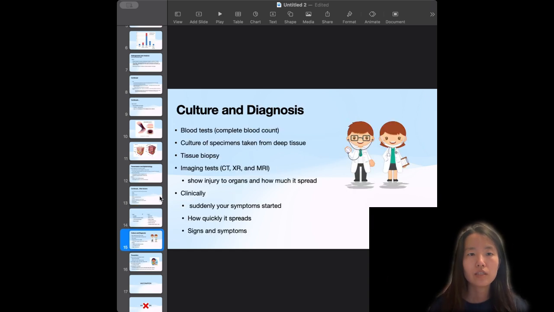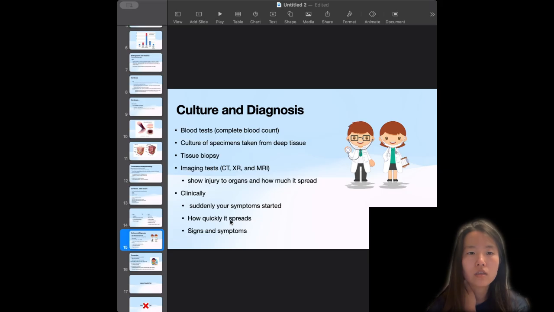So patients are diagnosed through a multitude of ways. I'd say the first thing you do is blood tests, or more specifically, a complete blood count, to see the levels of everything in your blood. More so, the white blood count, which if elevated, shows that there is an infection in your body.